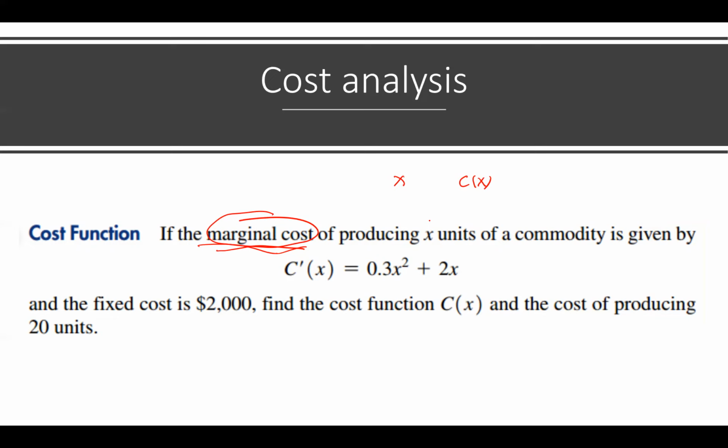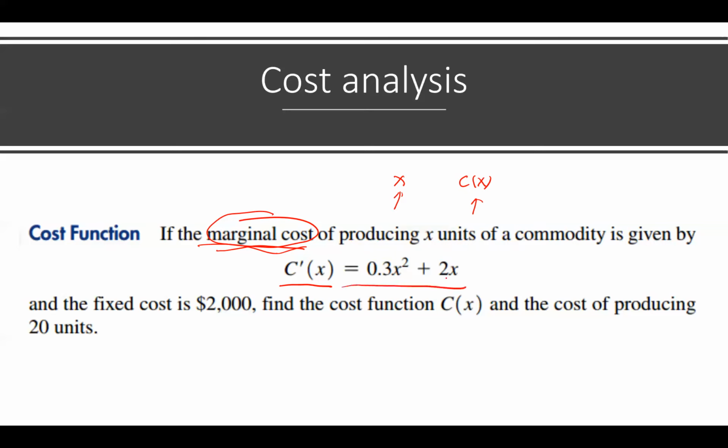I want to know how varying the values of X changes the cost, and how to measure the rate of change or the sensitivity. That's where the marginal cost, or the derivative of the cost function, comes in. This measures the sensitivity of the cost with respect to the input X.